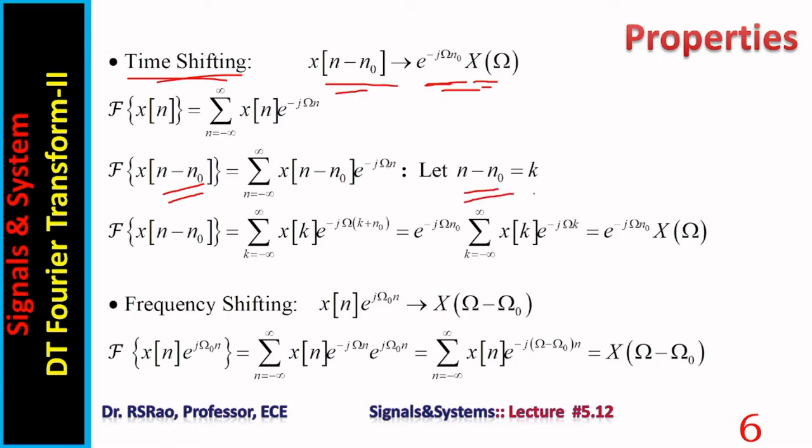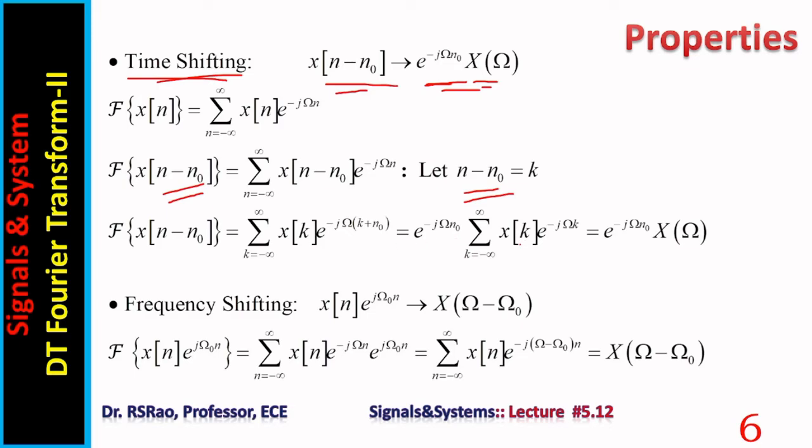Let n minus n naught equal to k. Then DTFT of x of n minus n naught becomes equal to sigma k equal to minus infinity to plus infinity x of k e power minus j omega k plus n naught. Now e power minus j omega n naught has been brought out of the summation.